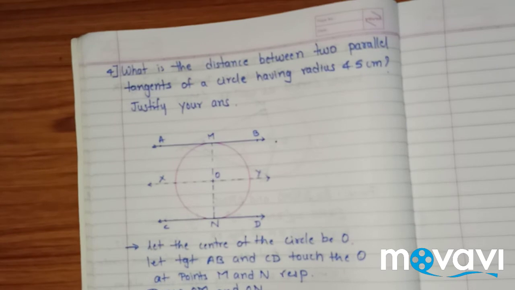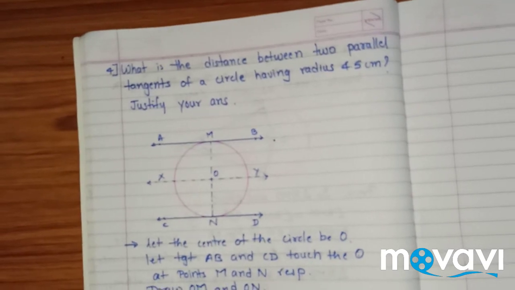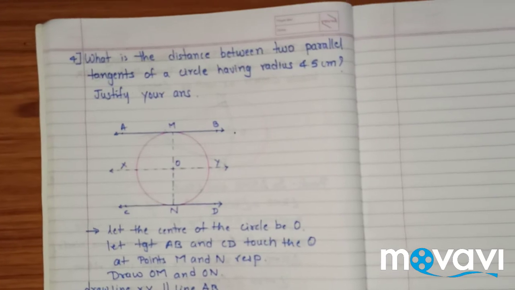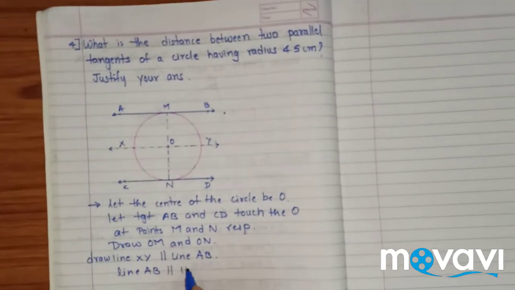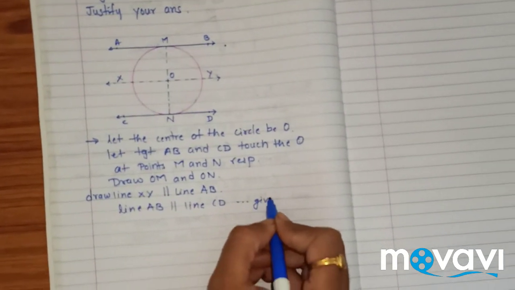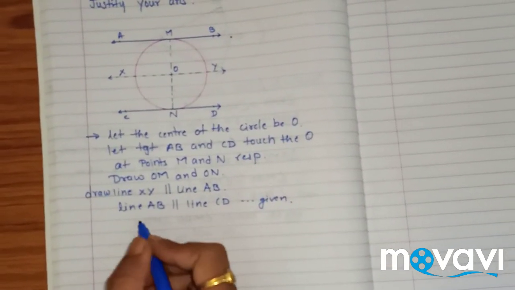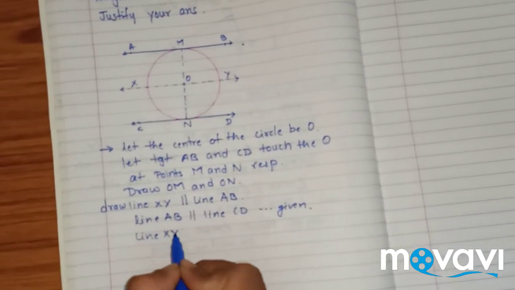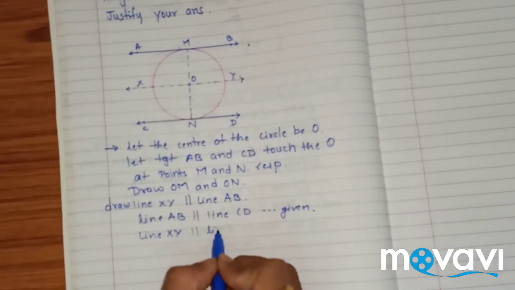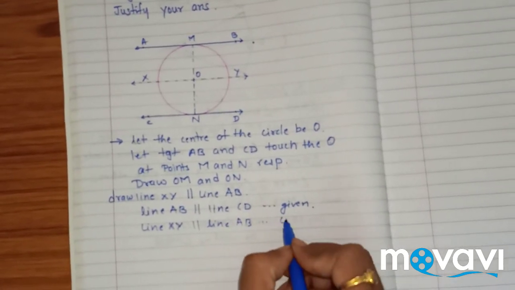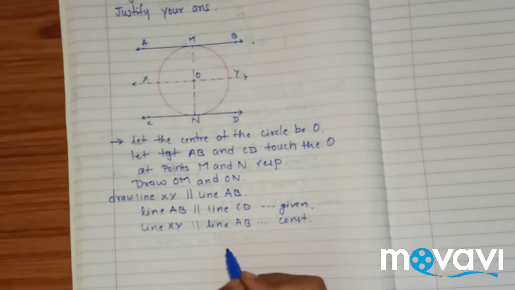This is our construction. Now it is given to us that line AB is parallel to line CD. Two tangents are parallel to each other. Now line XY is parallel to line AB. This is by construction.